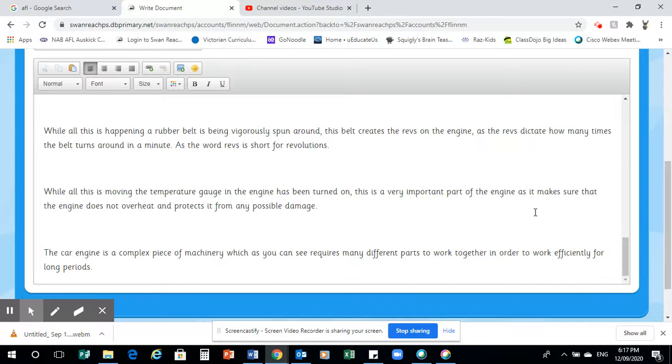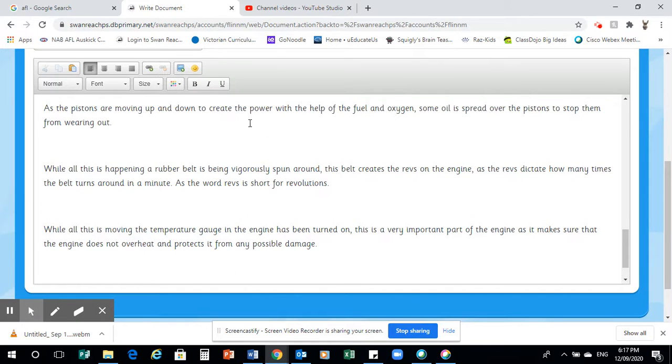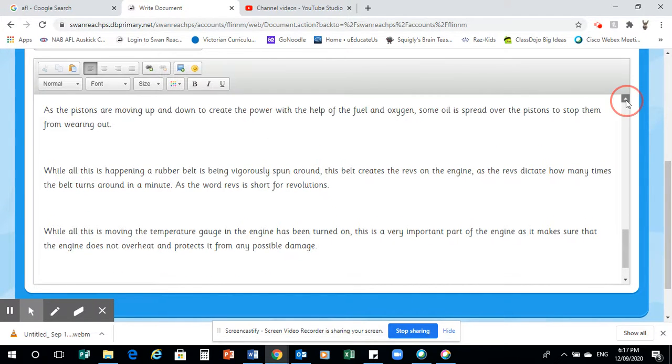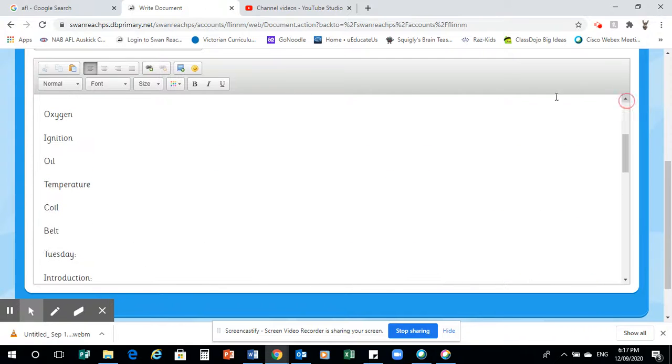So this is what Tuesday should look like. You should have all your body paragraphs, making sure that each paragraph has each one of these things identified in it. Now, as I said, a couple of them could overlap. So, for example, my oxygen and fuel are in the same paragraph, but sometimes you need one in each paragraph. So the temperature's on its own, the coil's on its own, the belt's on its own.